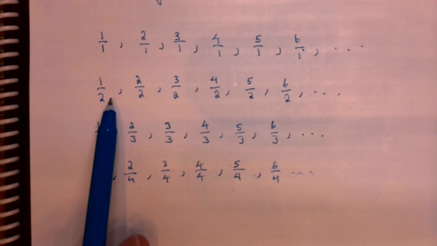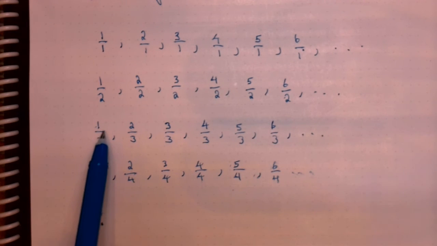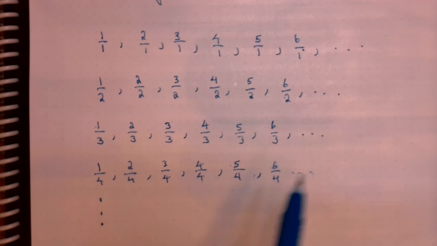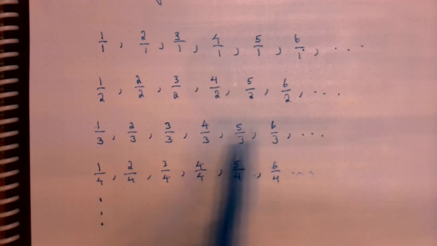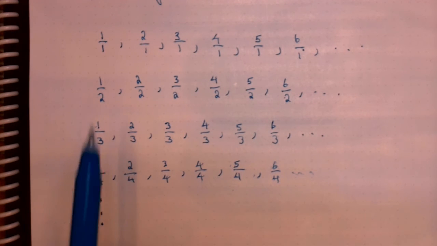The second row is every fraction that has a 2 in the denominator. Every fraction that has a 3 in the denominator, and so on. If I eventually went far enough out to the right or far enough down, I would get to any fraction that you wanted me to get to. If you wanted the fraction 12 over 57, I would need to go down 57 rows and over 12 spaces. But I would eventually get to everything here.